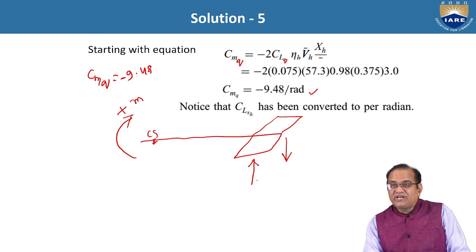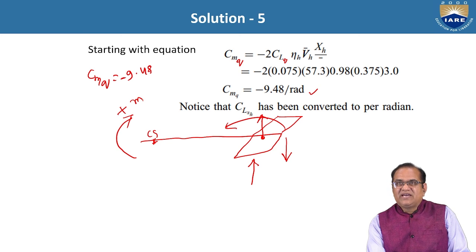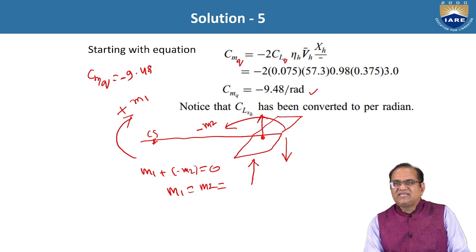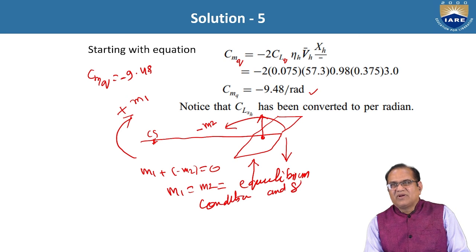Okay, so it is going down, but this velocity will generate a lift and this will make this moment M1 and this moment M2. So M1 minus M2 is equal to 0, or M1 is equal to M2, then it is in equilibrium condition and it is stable.